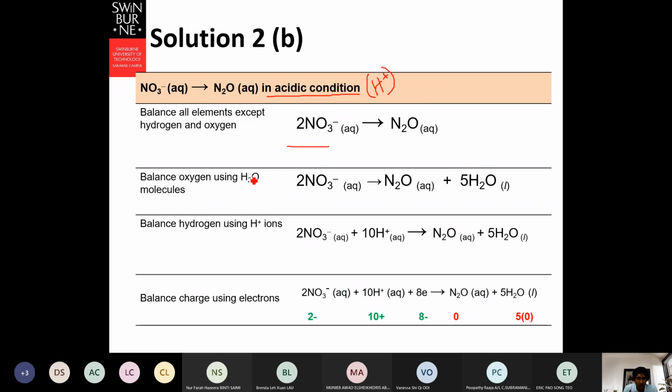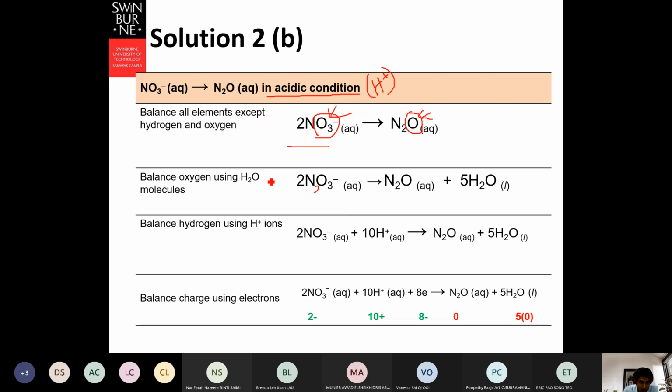We will produce 2 nitrogen here, and the oxygen that is broken up from here, because here we got only 1 oxygen on that side, whereas we have 3 on this side.